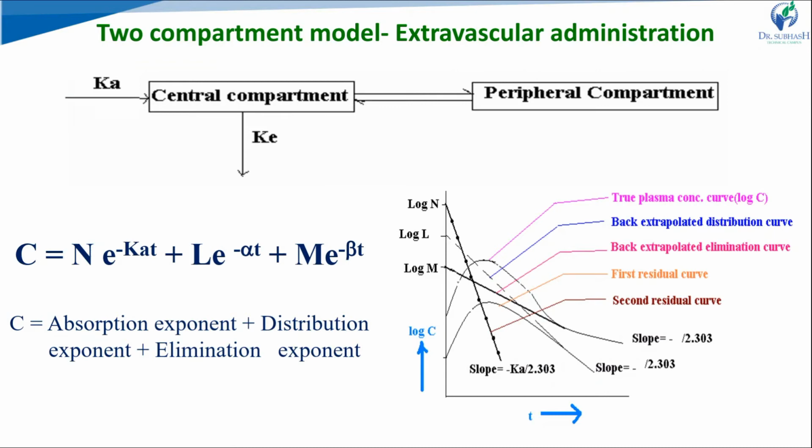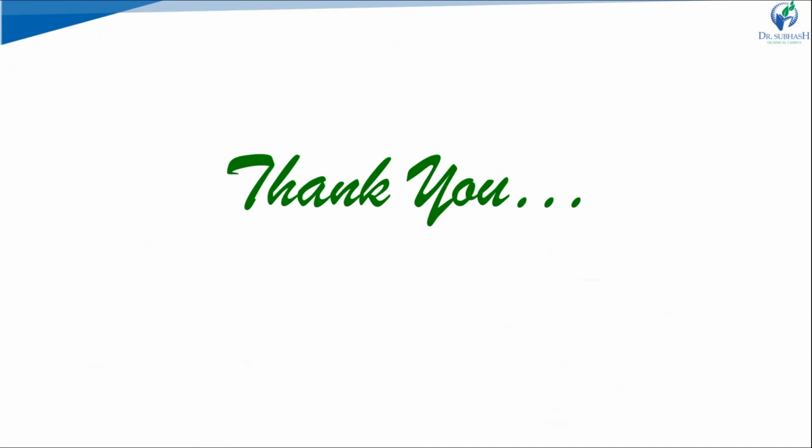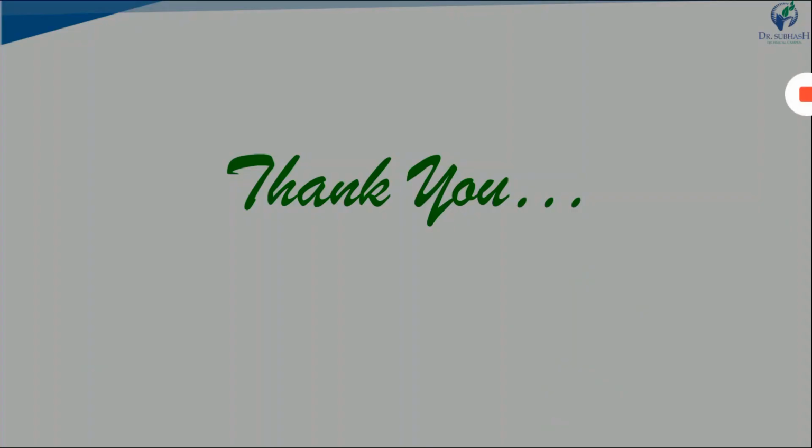Then for the distribution curve, we find the first residual line and from it the distribution rate constant, and from the second residual line we find the Ka value, the absorption rate constant. So this is the two compartment model. Thank you.